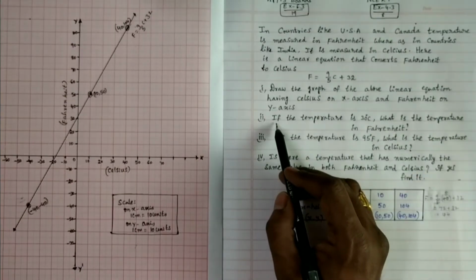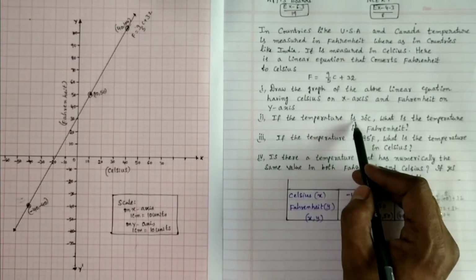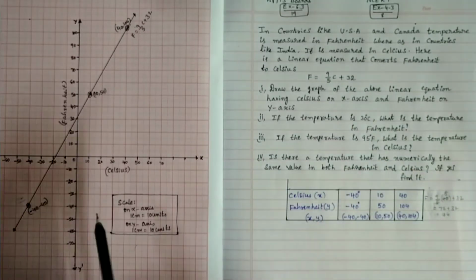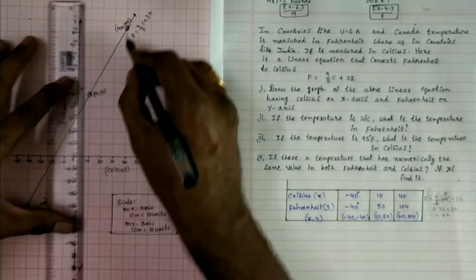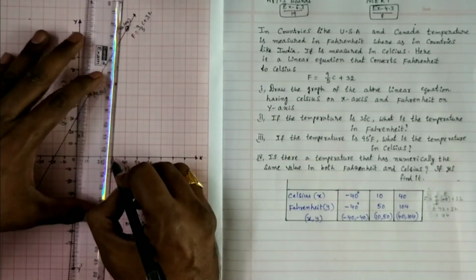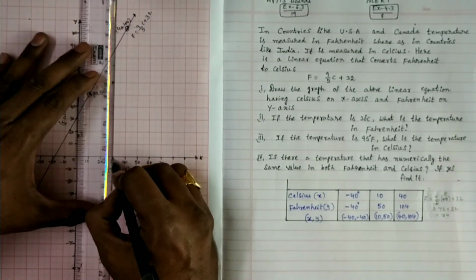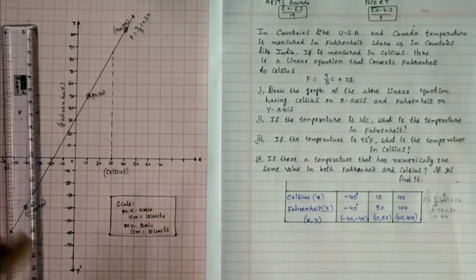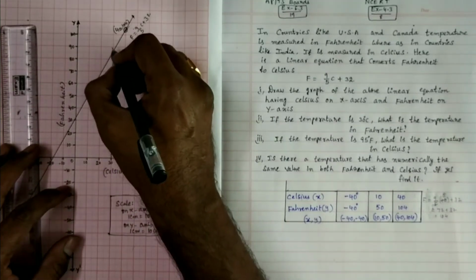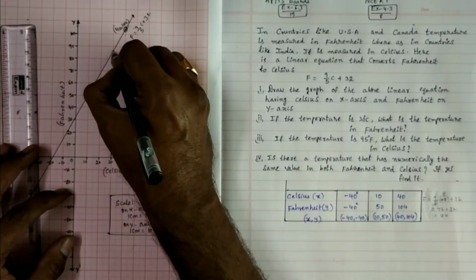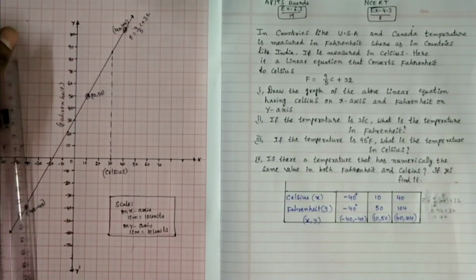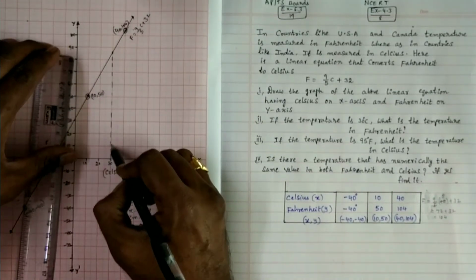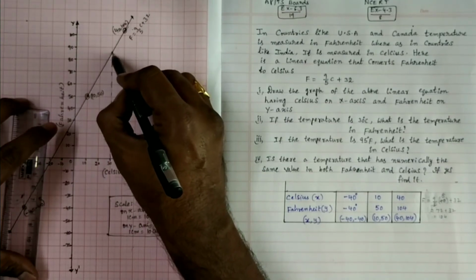Take dotted lines from 30 degrees Celsius on the x-axis to the graph line, and from the intersecting point draw a perpendicular dotted line.